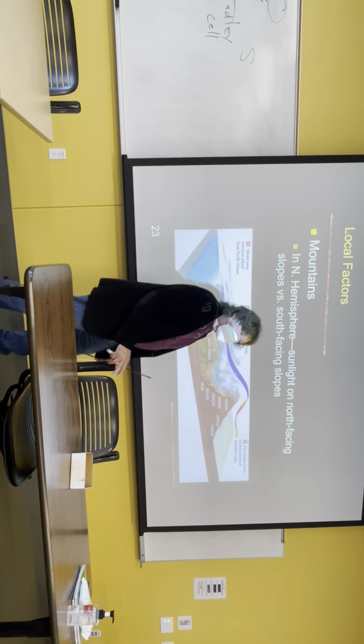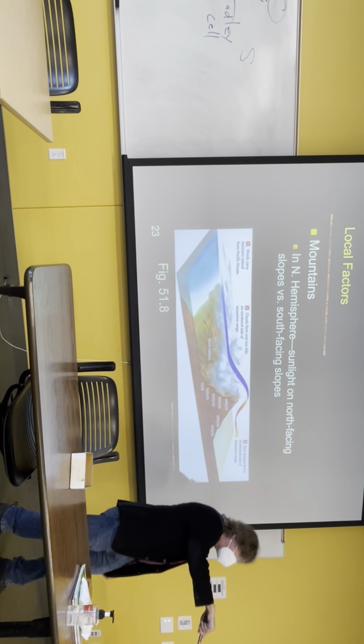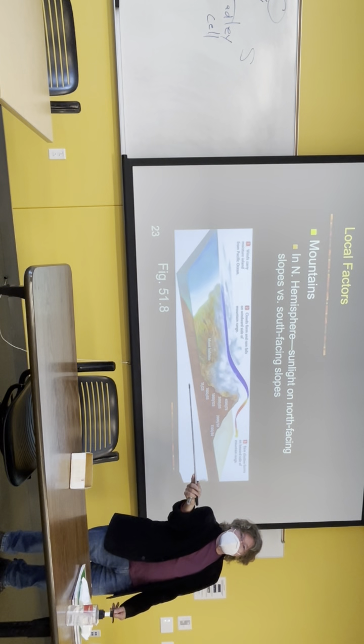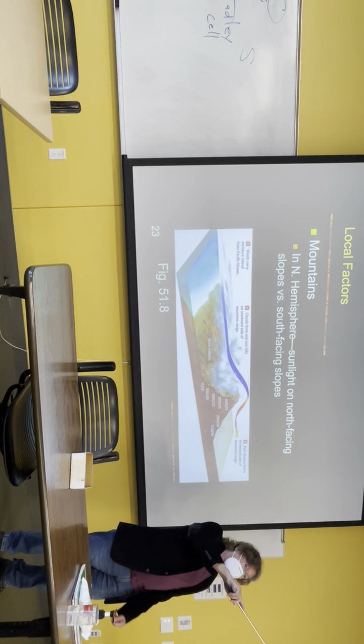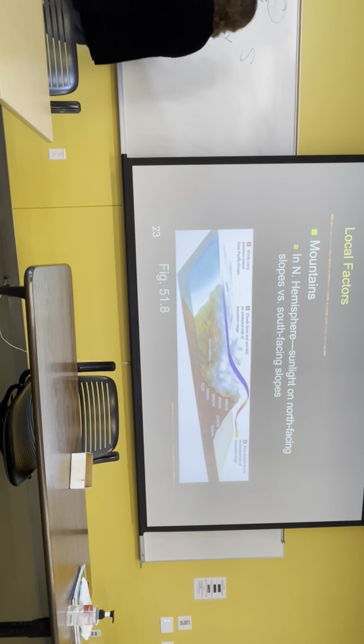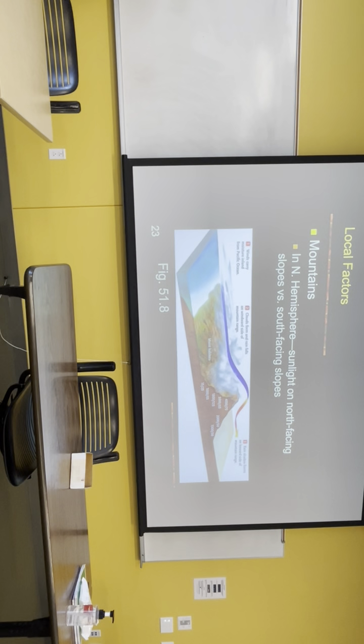Because now they get the same amount of sunlight, okay? Because the sun is coming up in the east, goes over, and drops in the west. Let's change this a little bit. So here's the east-facing slope, 680.